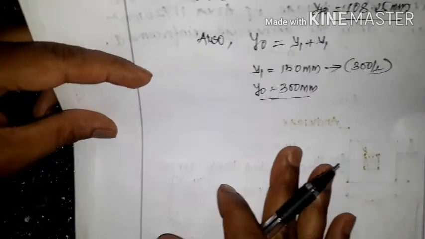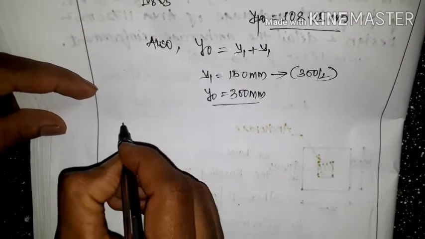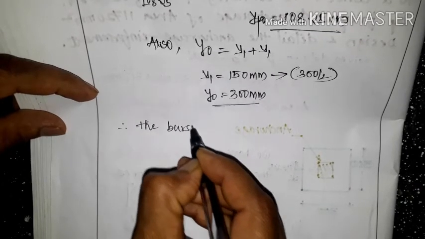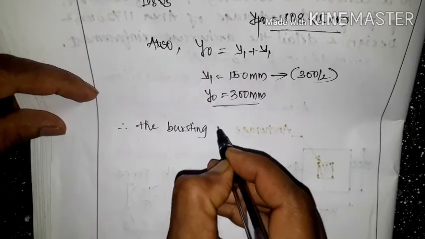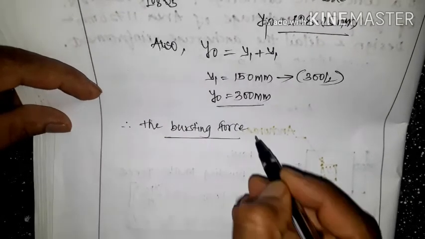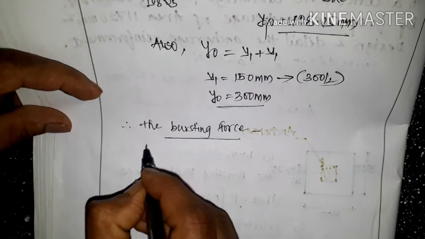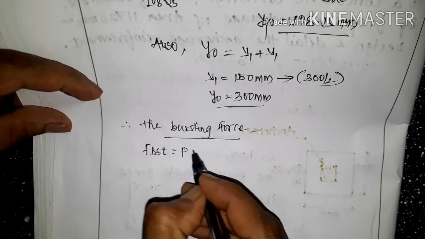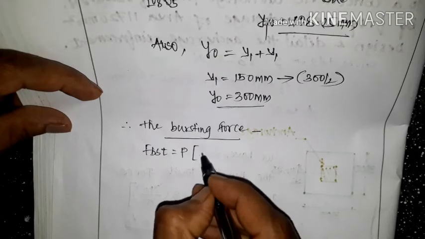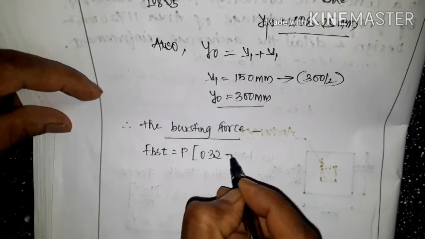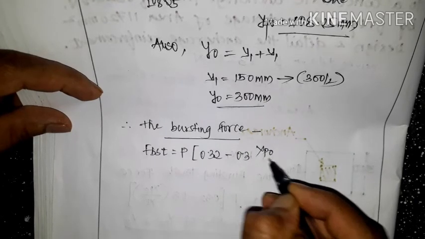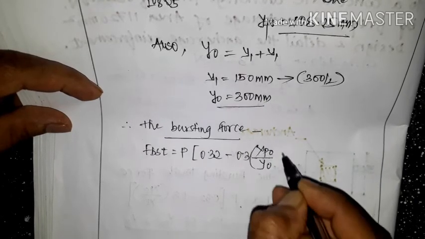So we can easily find out the bursting force. The bursting force FBST is equal to, I will rewrite the formula once again, P into bracket of 0.32 minus 0.3 Yp naught upon Y naught.